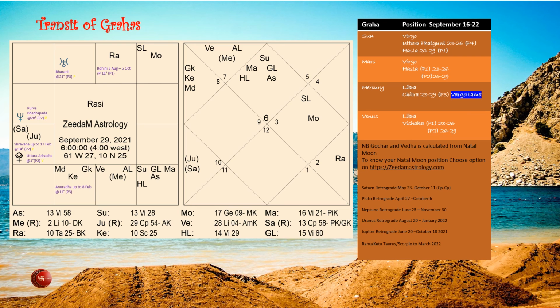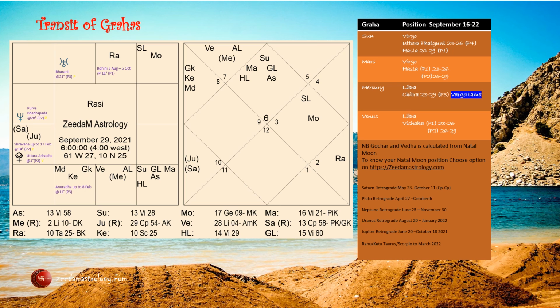And remember I said Mercury is Vargotama. It's in Libra Chitra Pada 3, and Pada 3 is a Vargotama Pada, and Vargotama really means that it will give you strength or extra blessings, or it's a good placement. But Mercury now is retrograde at the end, so it's a good placement, but in which way?